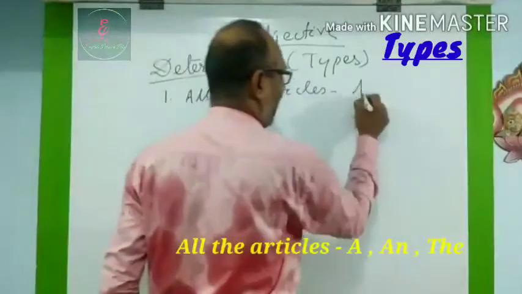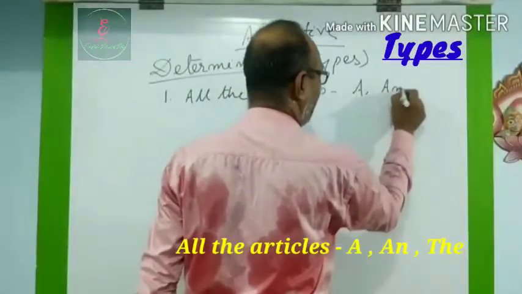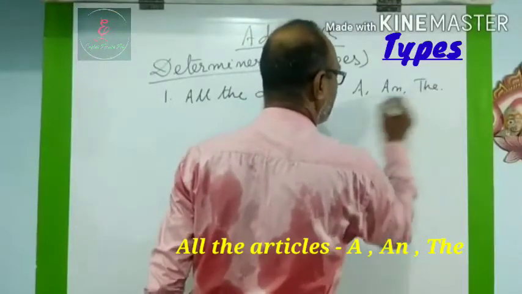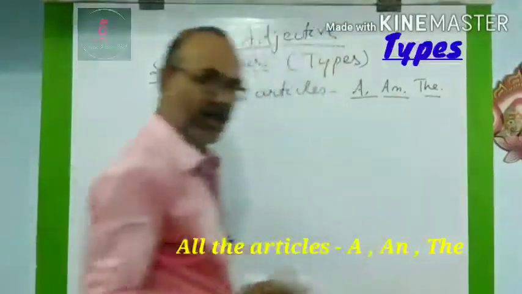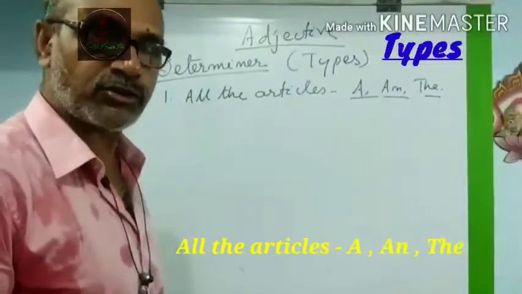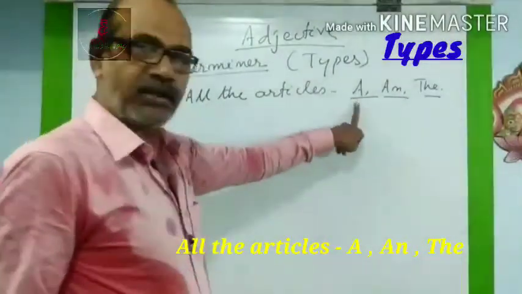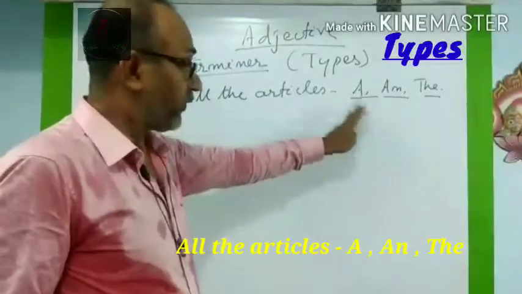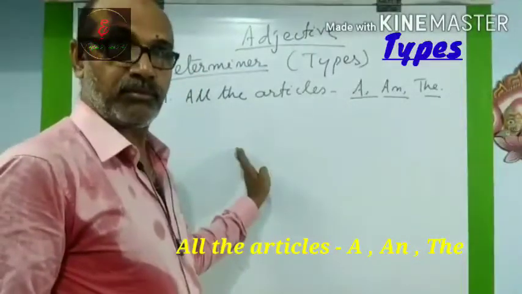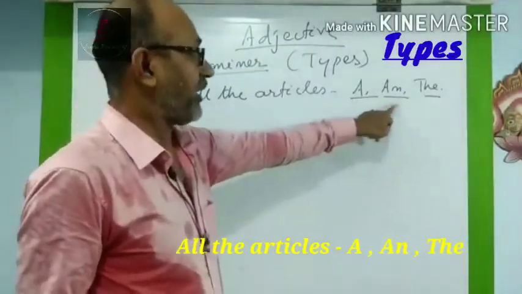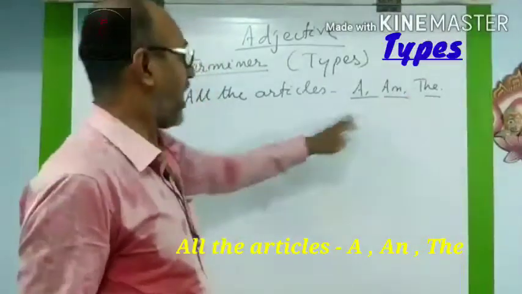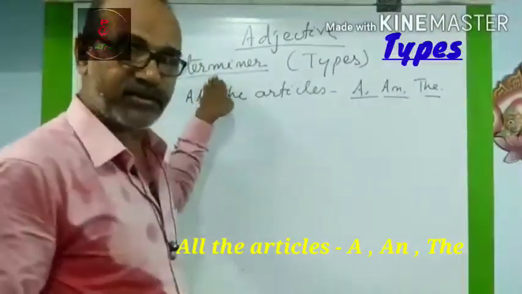That is a, an, and the. These three are the articles we have already learned. So, if a, an or the is used before any noun, they are known to be determiners.